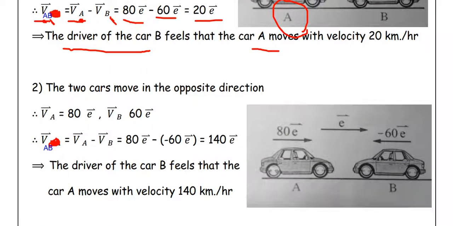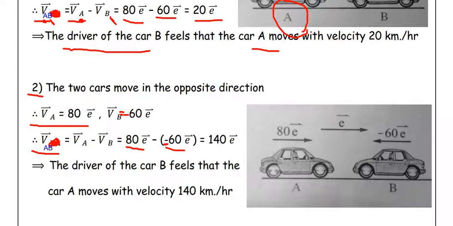So number 2, the two cars move in the opposite direction. So if VA is 80E and VB is in an opposite direction, it will be negative. So VB equals negative 60E. To get VAB, it is VA minus VB, so it is 80E minus negative 60E. Why is it negative? Because they are in opposite directions.